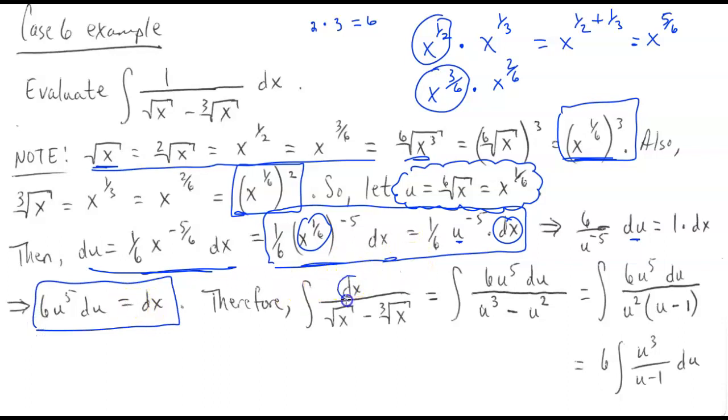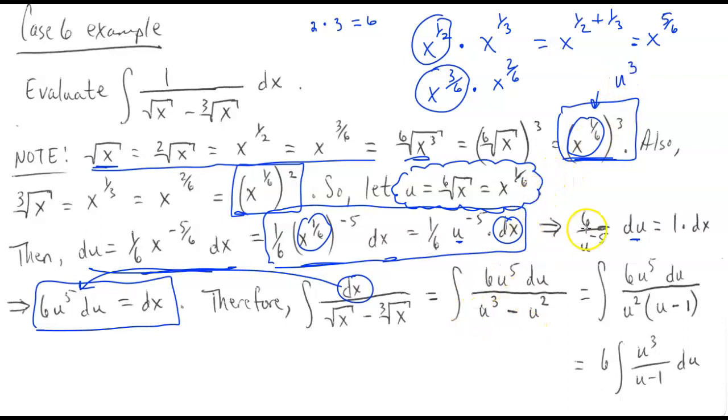So now dx is the same thing as all this, and our square root of x in terms of u, let's try to see, where am I at here? Yeah. So here, this is what my square root of x is in terms of u, and I know that x raised to the 1/6 is going to be u, so that's just u cubed.